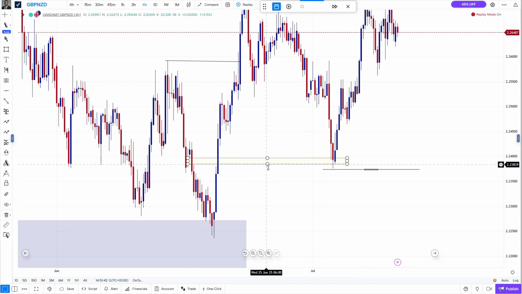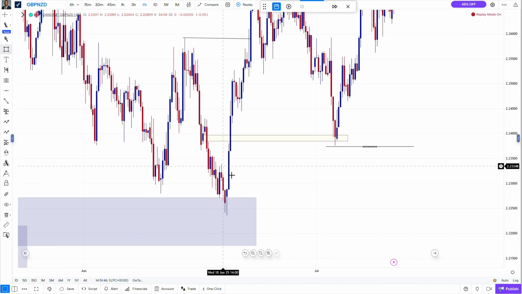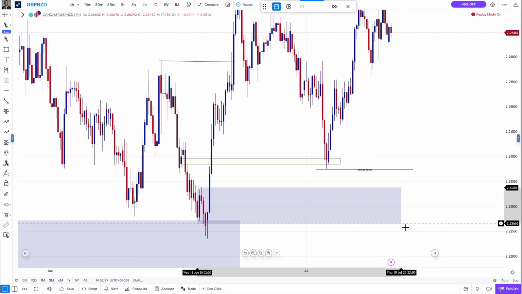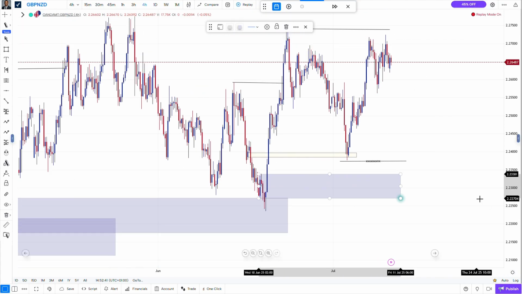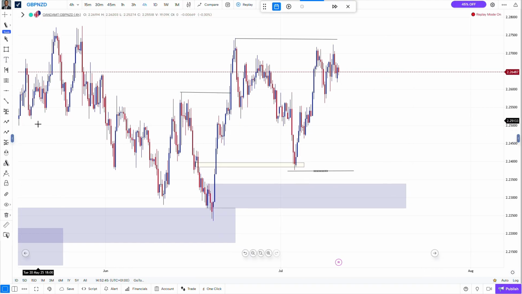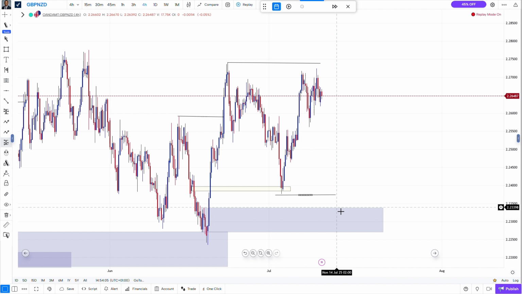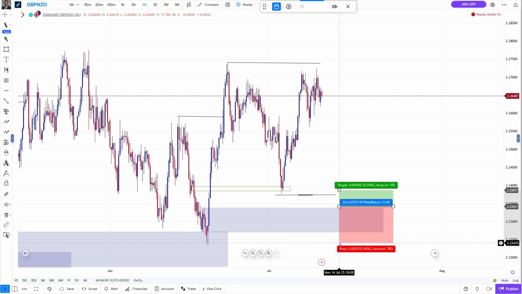So I ignored that and I just make use of my order block right here. So I map my order block out and place my order right there, covering this low right there.